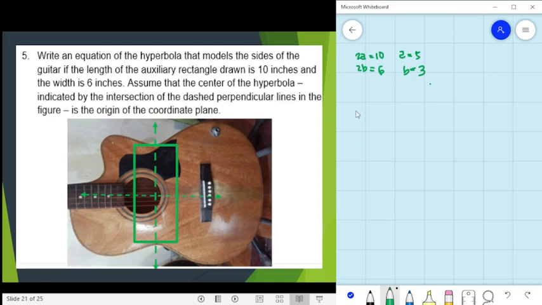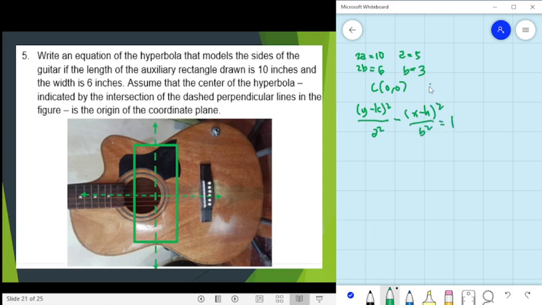After that, since the center is at the origin, meaning (0, 0), and we assume that the transverse axis of the hyperbola is along the y-axis, the equation would be the quantity (y minus k) squared over a squared minus the quantity (x minus h) squared over b squared equals 1.